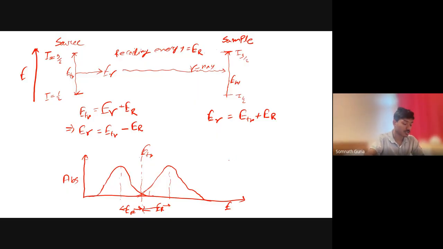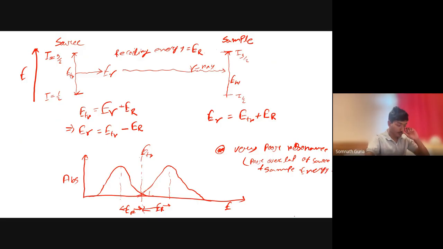So it is a very poor resonance we can get, which is very poor due to the poor overlap between source and sample energy.